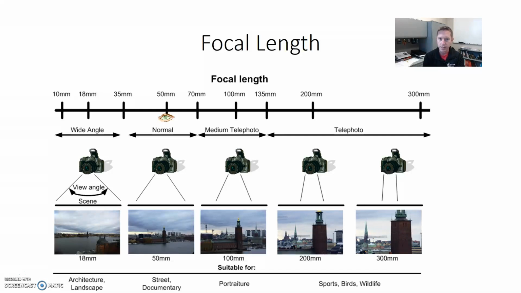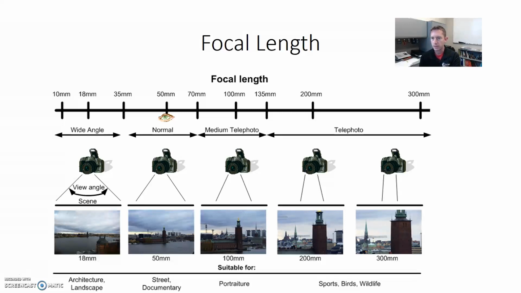When you start getting below 35 millimeter, many of the common lenses you buy with cameras will go down to 18 millimeter lenses. Now we're getting more wide angle, and a lot of lenses go up to like 80 or 100 millimeters when you buy them at the store, the ones that just come with the cameras, what we sometimes call kit lenses.